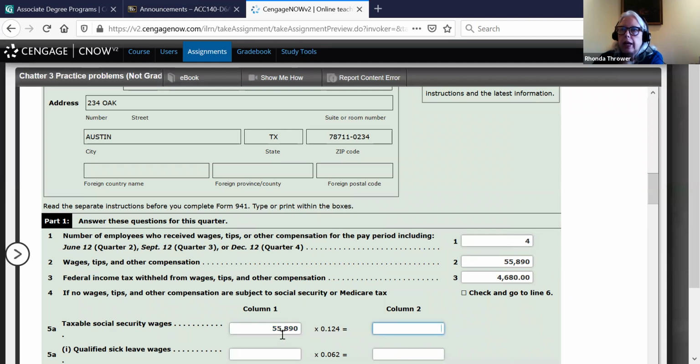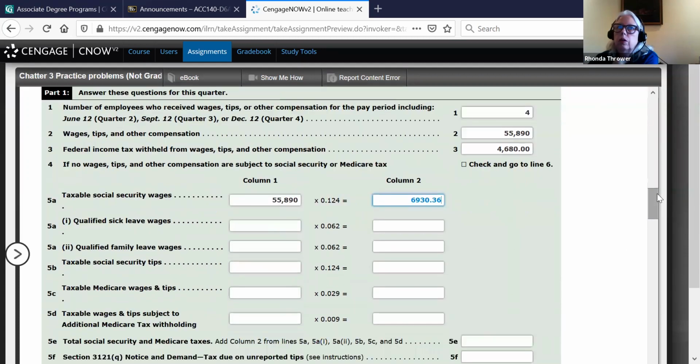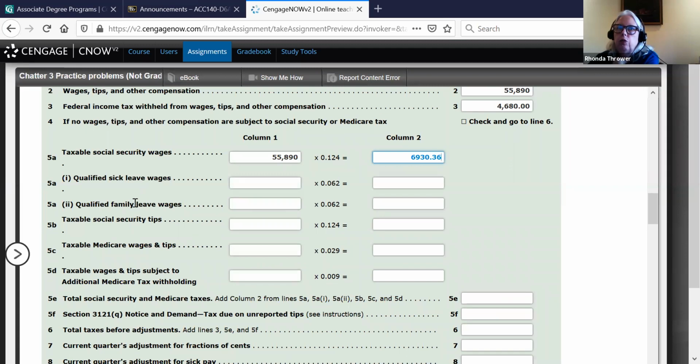We're going to multiply 55,890 times 0.124. And that's going to give us $6,930.36. We didn't have any sick leave wages or family leave wages or tips, but we did have taxable Medicare wages and tips.